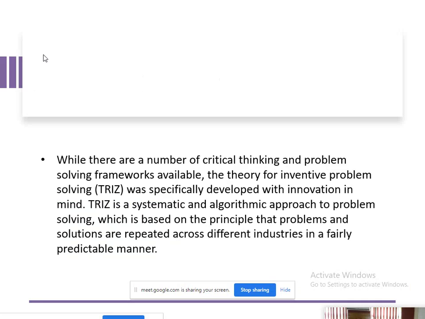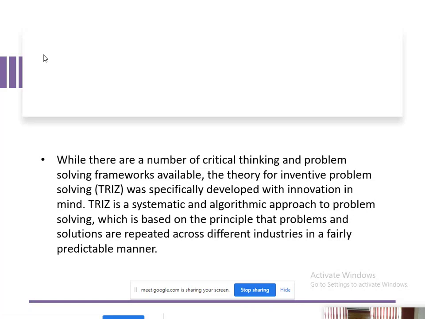I am already talking about critical thinking. Critical thinking is a word that can only be thought of by the real innovators. So why is this an important part of a framework? Because in innovation we are trying to develop new ideas to solve a problem.